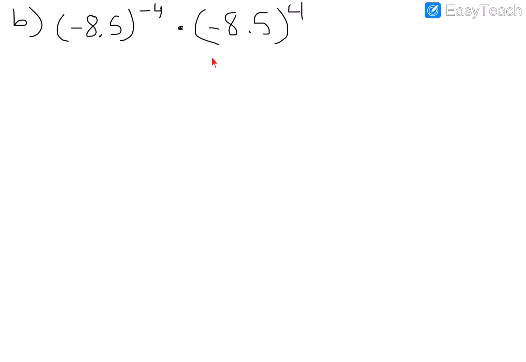Okay, so now we're going to use what we've learned from the previous lessons. We know that I'm multiplying two numbers with exponents that have the same base. So what do we do when we multiply exponents with the same base? We add them. So that's going to be negative 8.5, you always do the first one as your first number, so negative 4 plus 4.